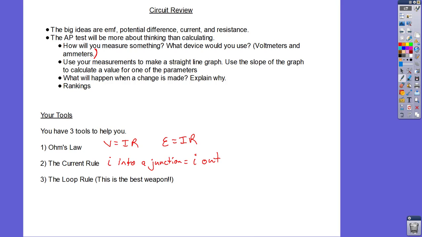And then you have the loop rule, and the loop rule is your best friend when you do this.